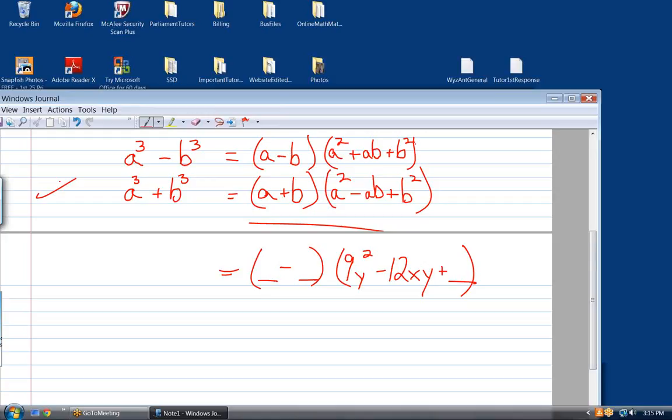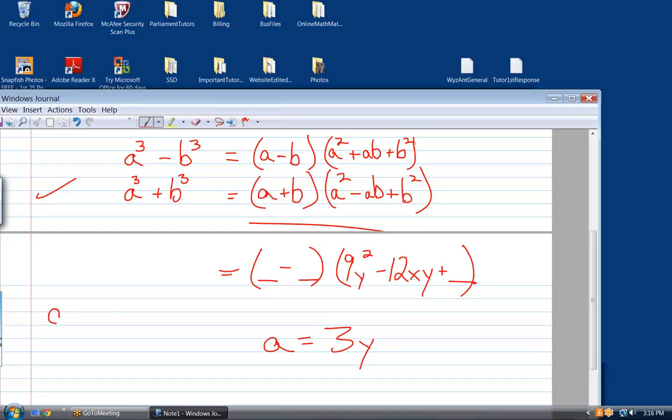Okay, so what's A? So A would have to be, well, you just move it over, right? So A squared is 9y squared. So it has to be 3y, because you squared the 9. Yes, you take the square root of the 9 and the square root of the y squared.